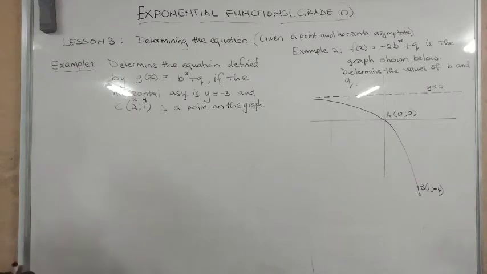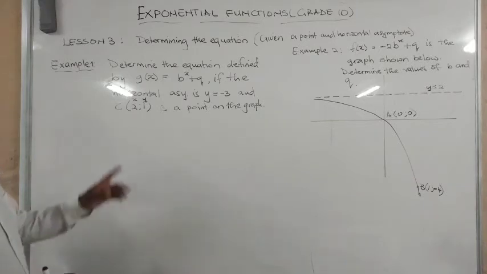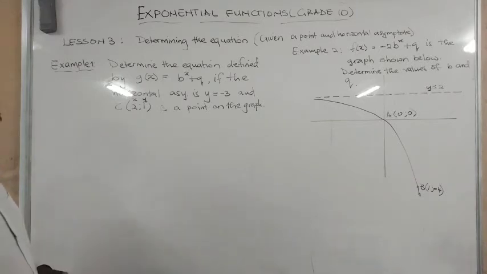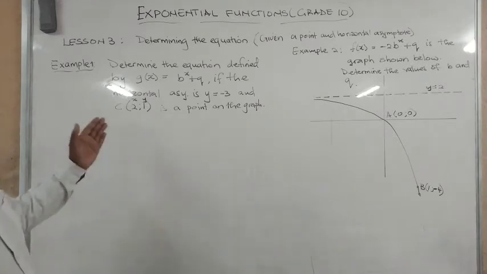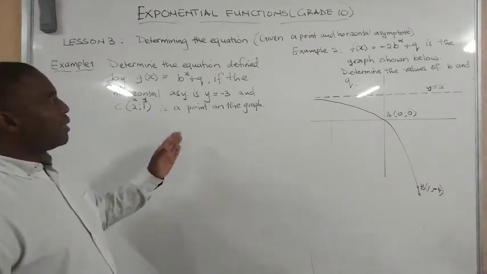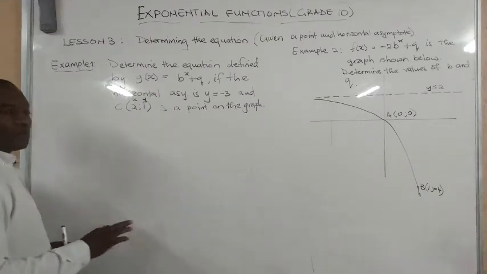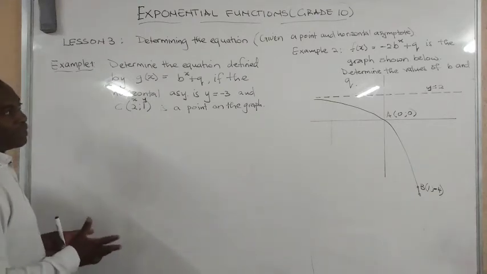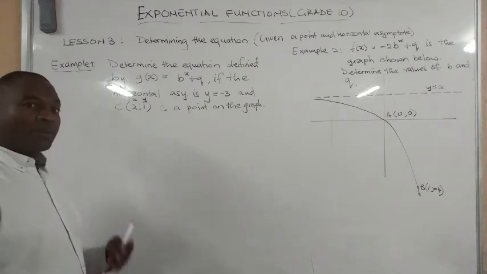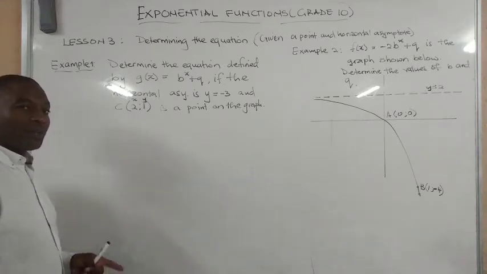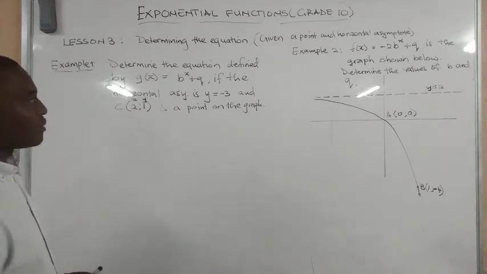You're asked to determine g of x, which is equal to b to the power x plus q, if the horizontal asymptote is y is equal to -3, and C, point (2,1), is on the graph. Alright, so looking at this information, the way we are dealing with this is in the opposite sense of what we were doing when we were drawing the graphs.